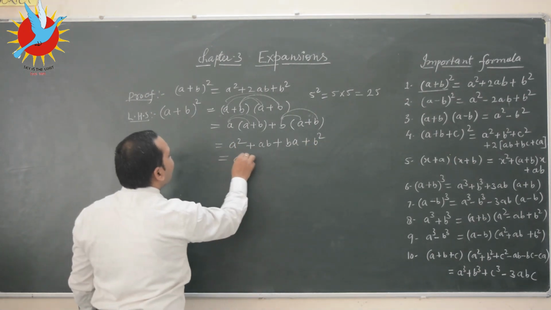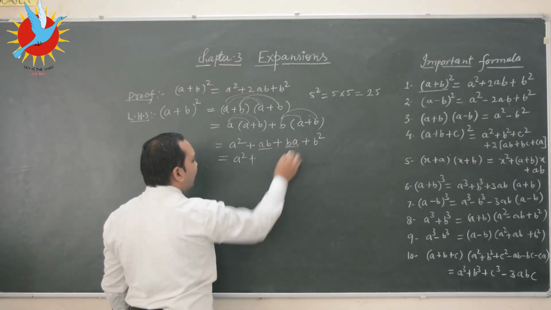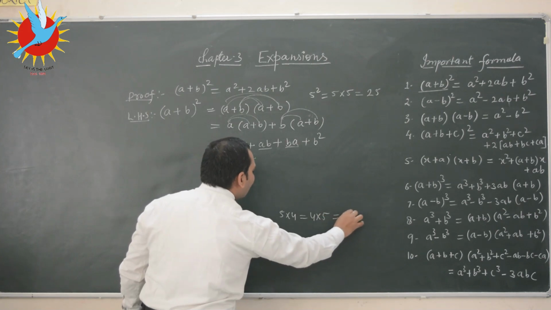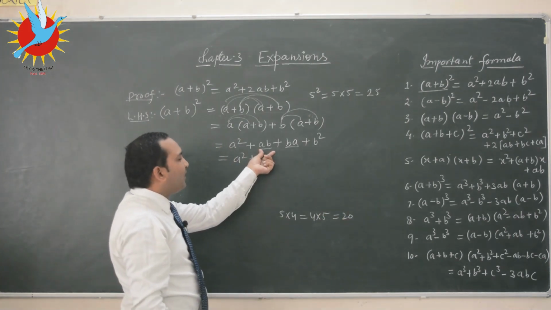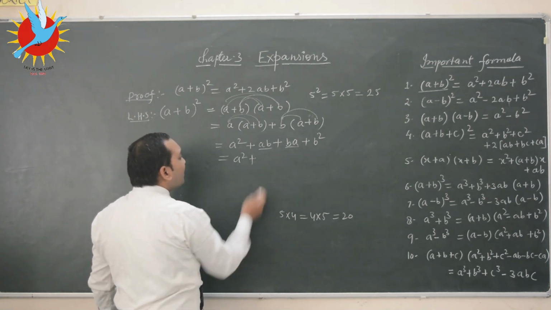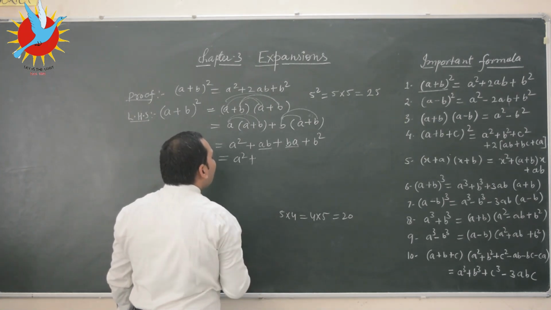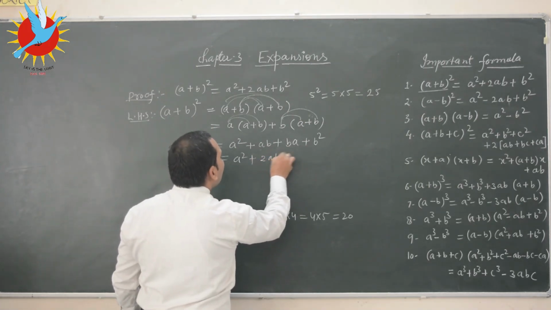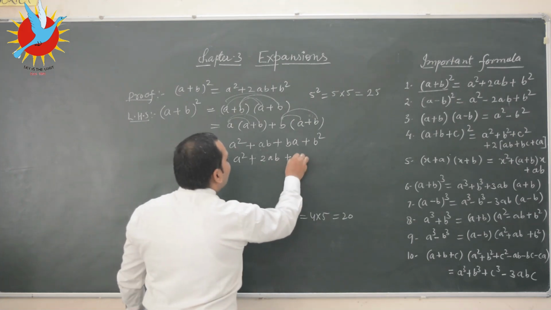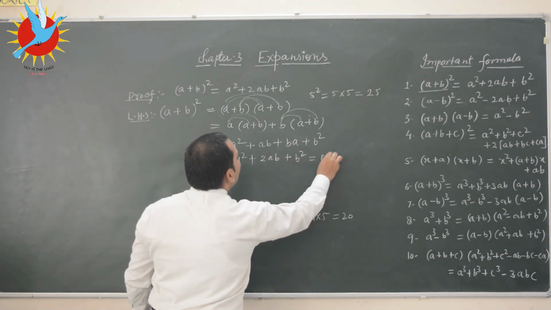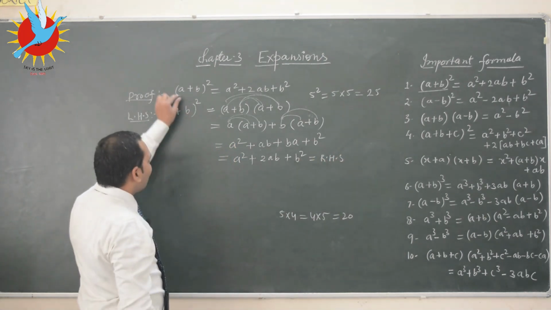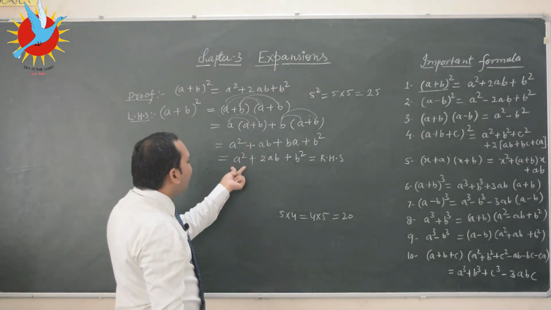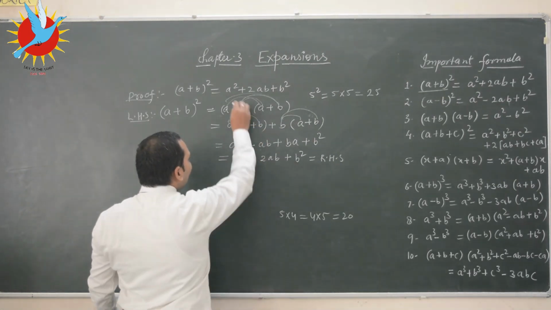So this is equal to a square plus ab plus ab. 5 into 4 is equal to 4 into 5, both are equal to 20. Either we multiply a into b or b into a, both hold the commutative property of multiplication. So we can write ab plus ab is equal to 2ab, plus b square, which is equal to the RHS, right hand side. So (a + b) whole square, we multiply itself 2 times, and the product is a square plus 2ab plus b square.